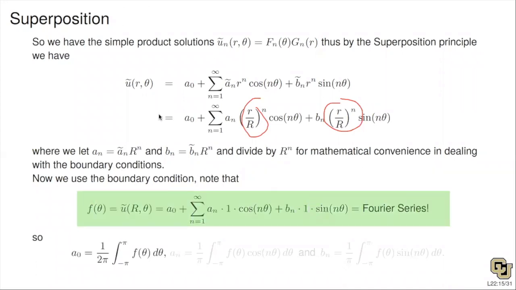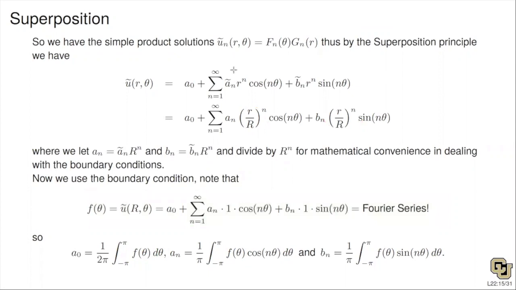By orthogonality, I have a formula for the coefficients where, remember, f of theta is the given prescribed temperature on the boundary. It's the physical boundary of the disk, and it's the one legitimate physical boundary condition we have. The other boundary conditions are more from the geometry and the coordinate system.